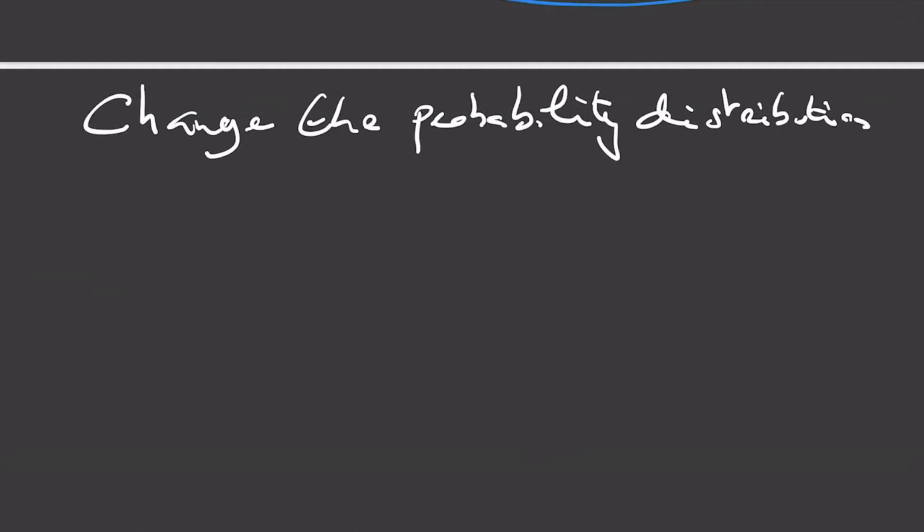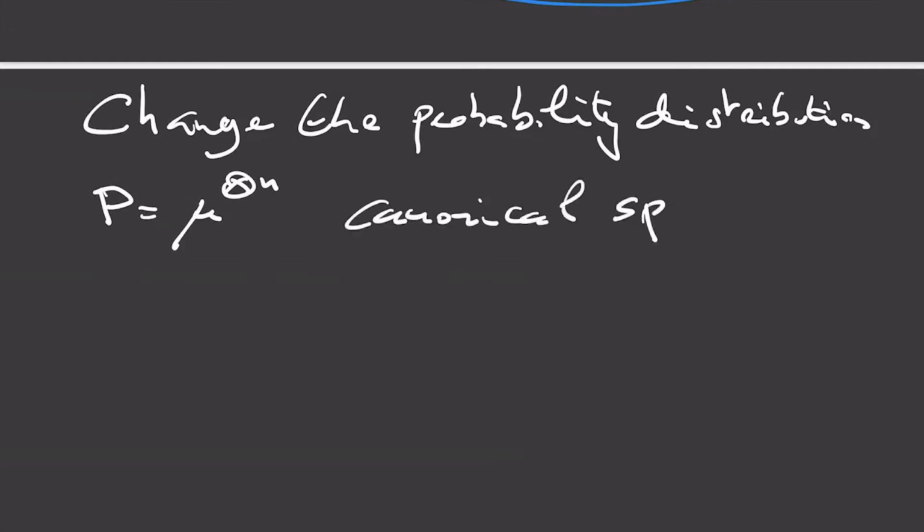The easiest way to do that is to have in mind that we are working on the canonical space, that is the space where the probability P is equal to mu to the power n. This is the easiest situation. This also means that the probability space is Rn.